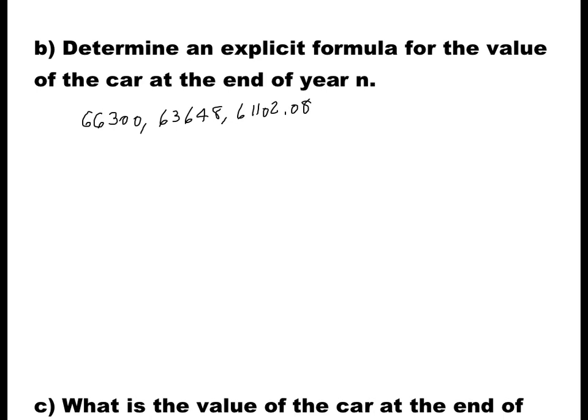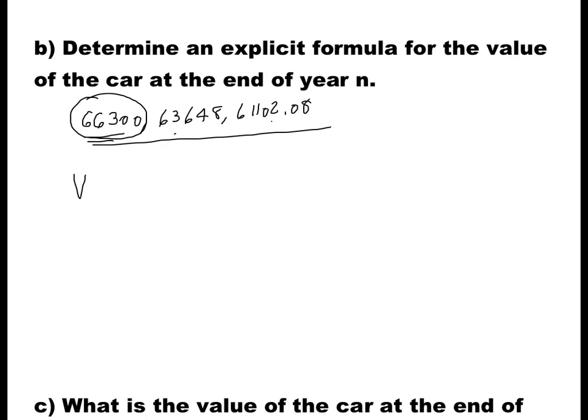Now it says determine an explicit formula for the value of the car at the end of the nth year. If you look at this sequence, which is at the end of the first year, second year, and third year, you can see that every year 4% is depreciated and the initial value is 66,300.